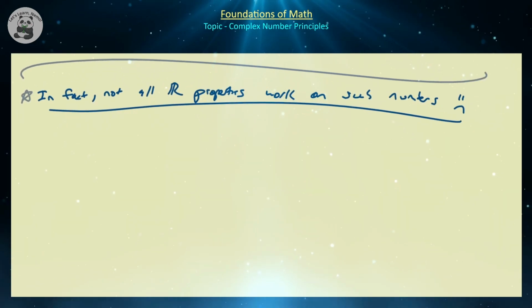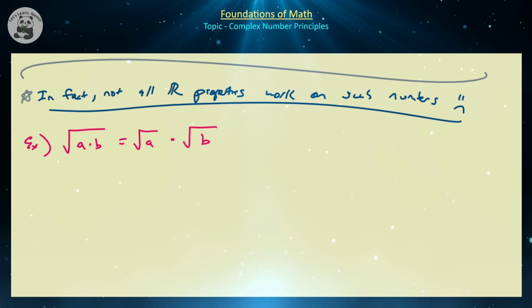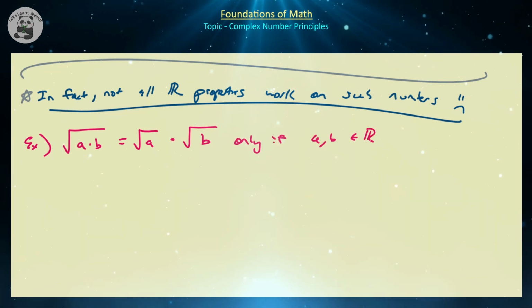So let's just do a very quick example. So if we have the square root of a times b, you may have learned that this is equal to the square root of a times the square root of b. And maybe that's all you learned, but this is only true if a and b are non-negative real numbers, right? So if a is negative 3 or b is negative 2, this does not work, right?